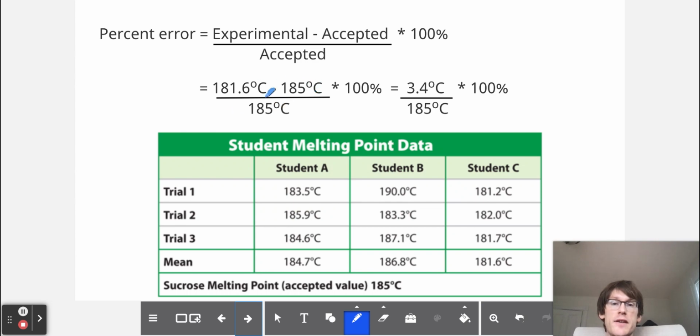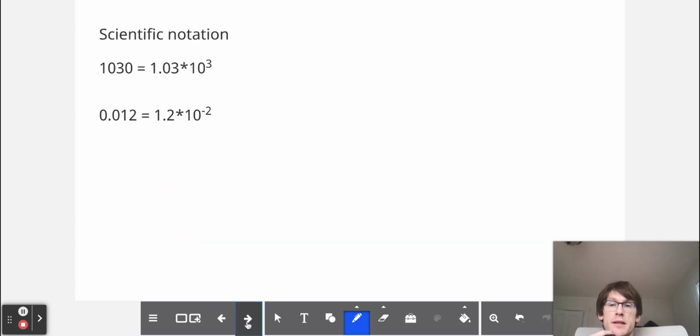And what this gives us is a difference in the numerator of 3.4 degrees Celsius. When we divide by 185 degrees Celsius, we get 1.8%. Note that we round to 2 sig figs because the numerator as a difference gave us 2 sig figs. And when we divide 2 sig figs by 3, we have to round to 2 sig figs. 1.8% is our final number.